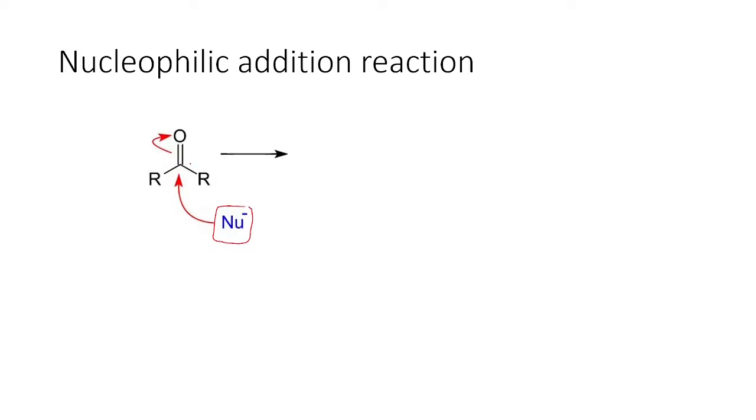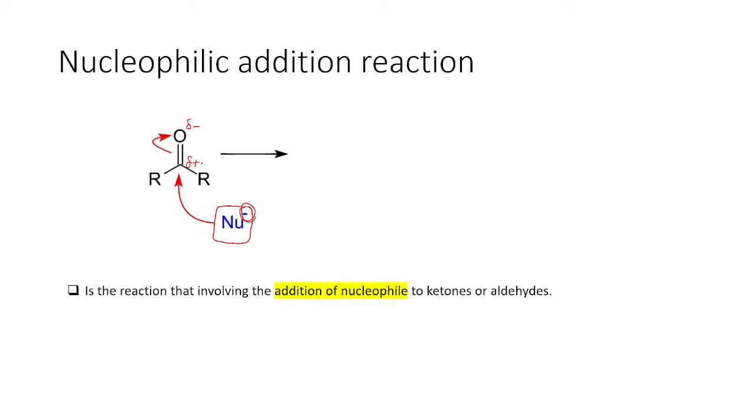Because this part is positive and this part is negative, the nucleophile, which is negative, can attack the positive carbon. The bonding will move, and the lone pair will move to the oxygen part. So this reaction is addition of a nucleophile, nucleophilic addition reaction. You are going to add a nucleophile to a ketone or aldehyde.